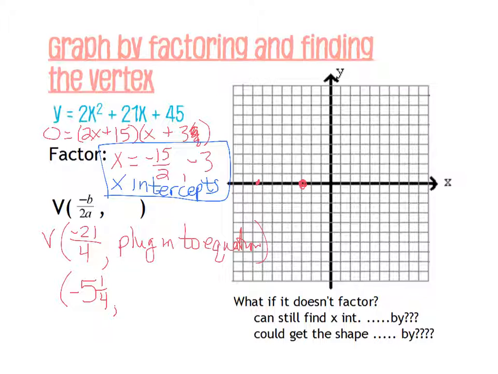So I'm going to go to my calculator, and I'm just going to type in 2 times negative 21/4. And really, if you wanted to call that negative 5.25, that would work too. Squared plus 21 times your negative 21/4. Oops, forgot my negative. Bear with me.